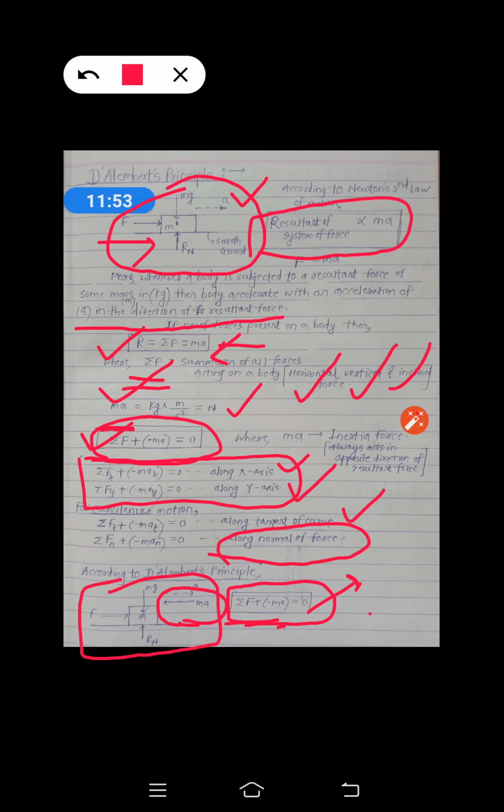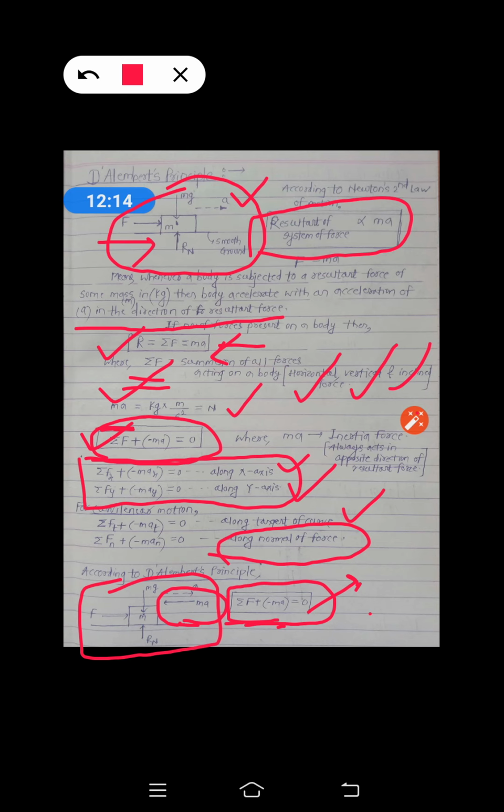If both the terms are equal, it means we achieve a dynamic equilibrium. So that's why this equation is called a dynamic equilibrium equation. Or in other words, we can say D'Alembert's principle is also called a dynamic equilibrium equation.